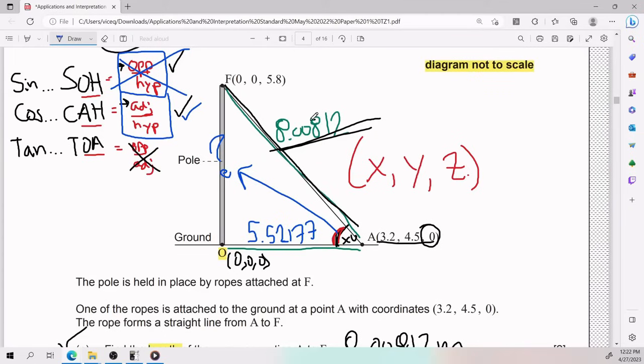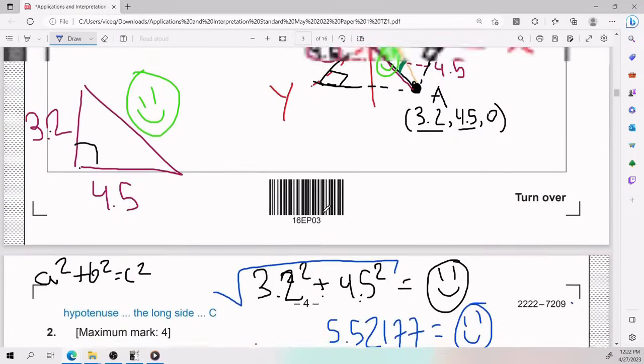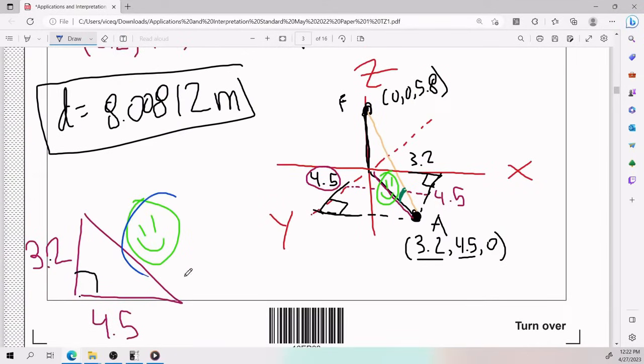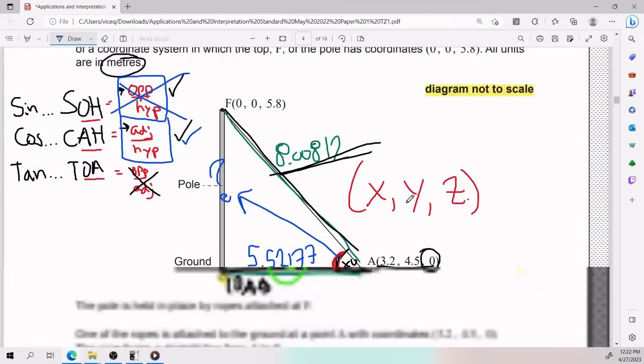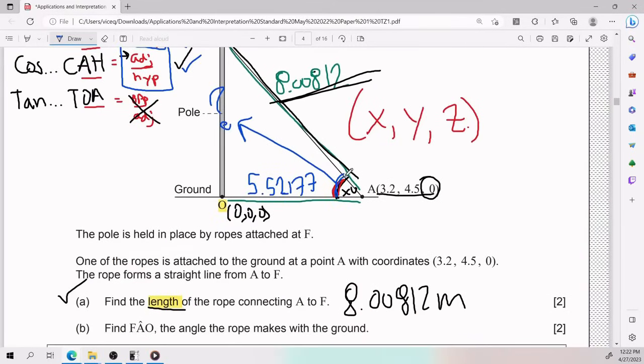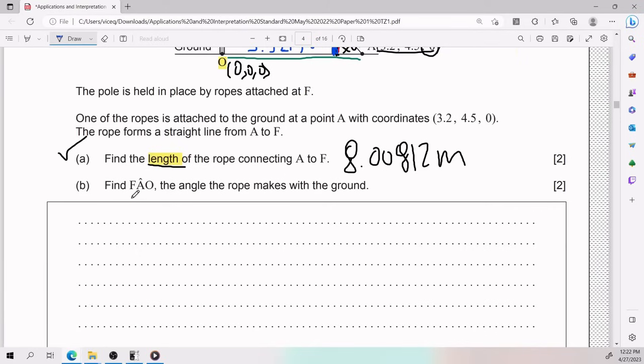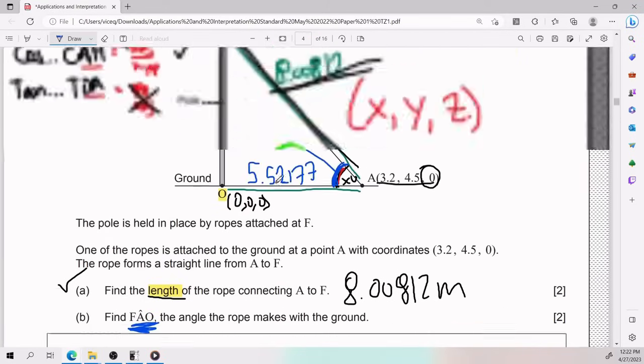Remember that this adjacent and hypotenuse thing is relative to the angle you're trying to find. This 5.52 was the hypotenuse when we were trying to find the side, but it's not the hypotenuse anymore with respect to this angle. Since we need to find angle FAO, we need to work with respect to that.